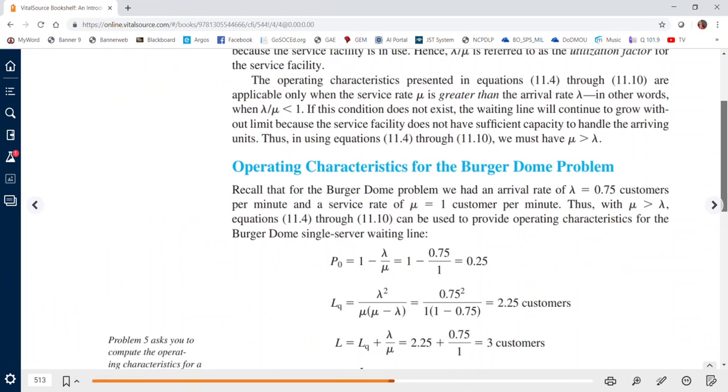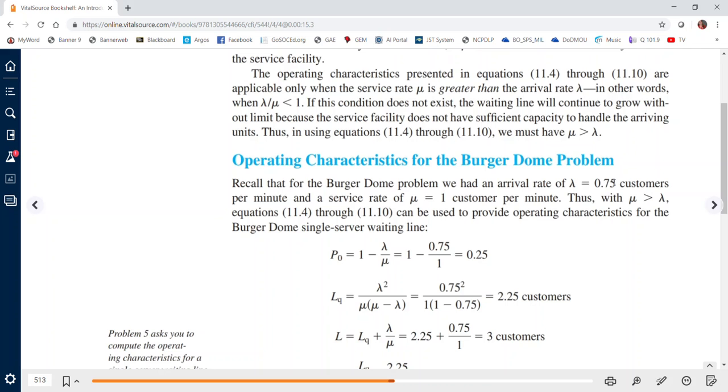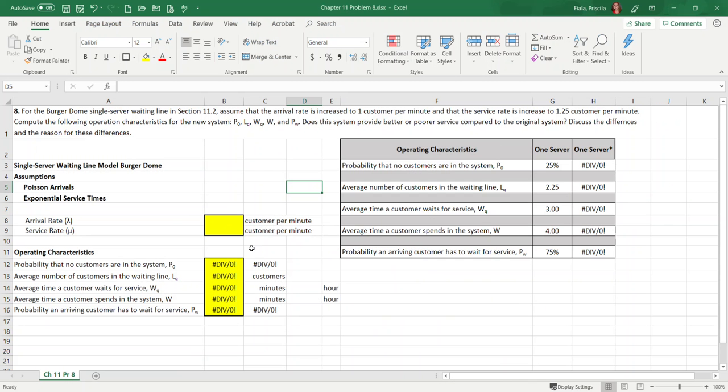It's talking about an arrival rate of 0.75 and a service rate of one customer per minute. So if you put it here, I did leave the formulas for you, the ones that I presented before. All you need to do is put 0.75 and 1. And then you're going to see that these values match exactly what I have typed in the table before. So that's how we have this in here.